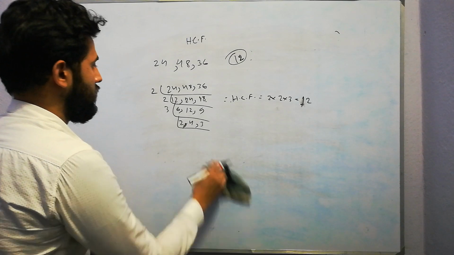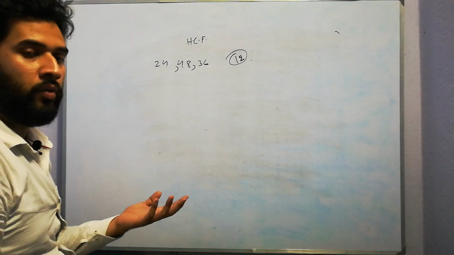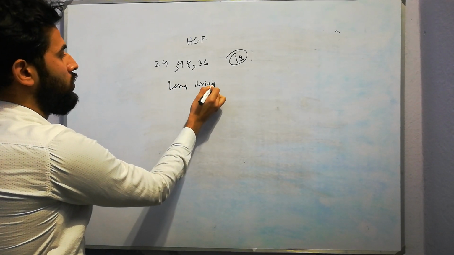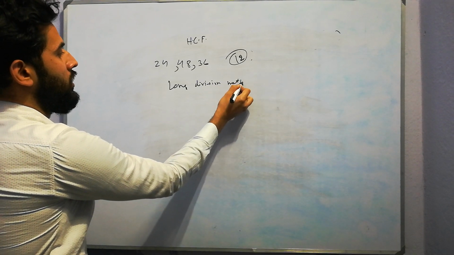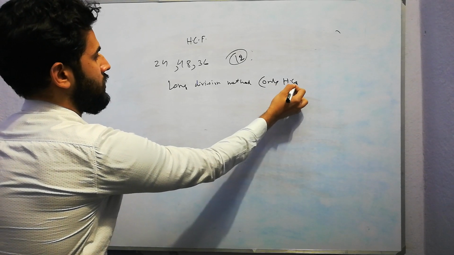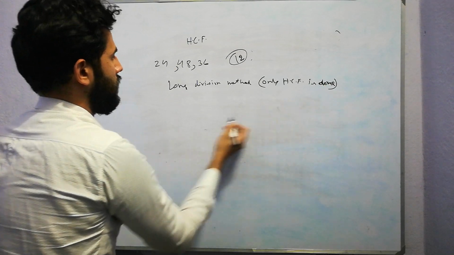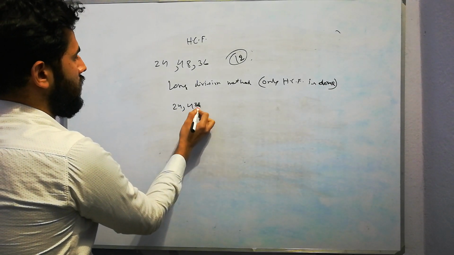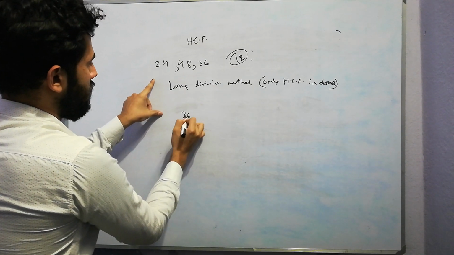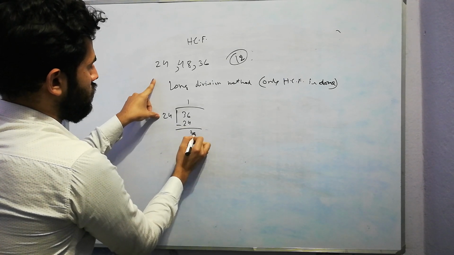Okay. The final method is the long division method. In that method, we can do only HCF. So 24, 48 and 36: we will first use the two smallest numbers, 36 and 24. 24 ones are 24. 36 minus 24 is 12.